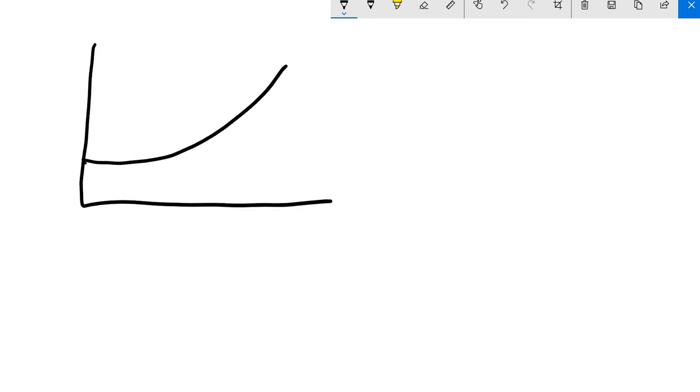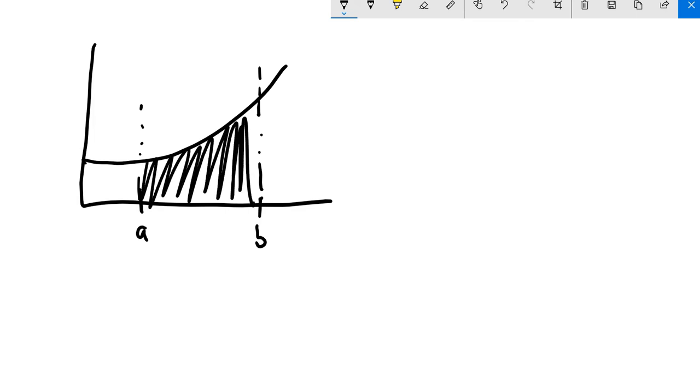So if we had a function, and let's say it looks something like this, and we wanted to find the area under this curve from, let's say, point A to point B. And we wanted to find this area. Question is, how would we go about that?